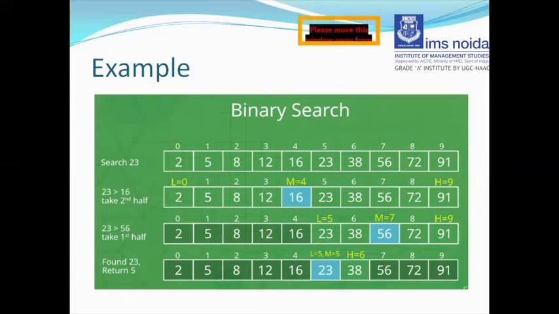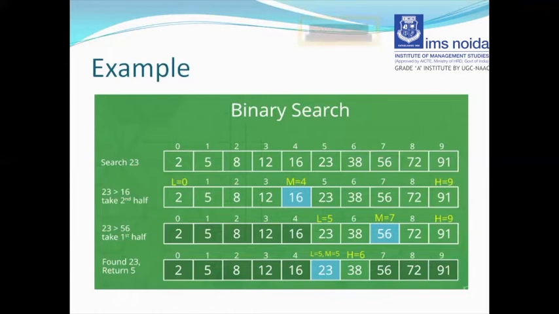Low is 0 because in every array, the subscript starts with 0. And high is 9 in this case because we have 10 elements. So low is 0 and high is 9.